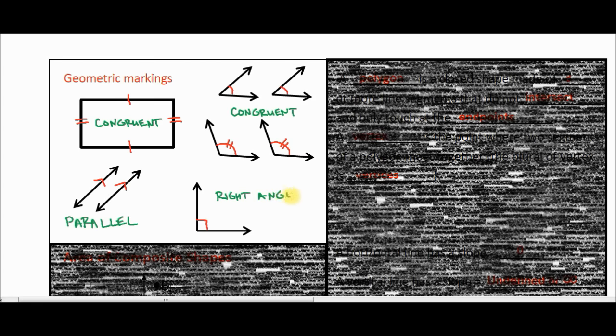This will be very important later in this unit because we're going to be talking about parallel and perpendicular lines. These two lines, if they form a right angle, are also perpendicular. I'm also going to call this a 90-degree angle, because we know that a right angle is 90 degrees. So there's a review of some basic geometric markings that you're going to need to know throughout this class.